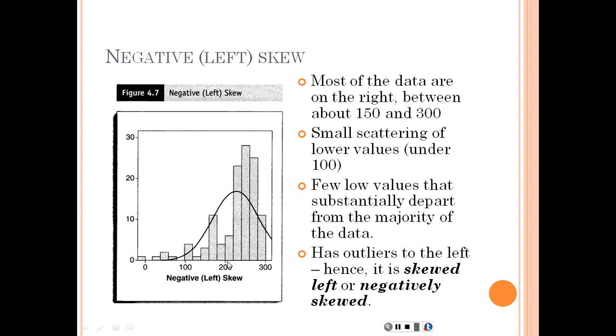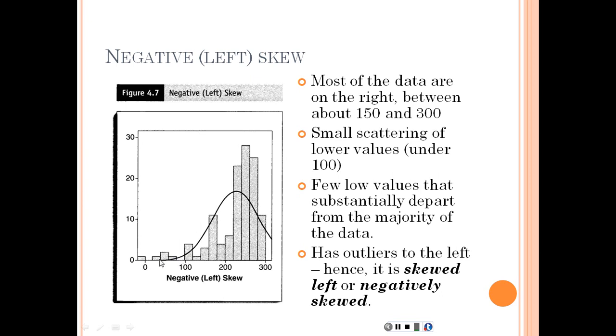And there's a small scattering of lower scores here, under 100, forcing the left tail of the curve to be extended out. Now these few low values that substantially depart from the majority of the data are referred to as outliers. So notice these values right here, there's just a few of them.